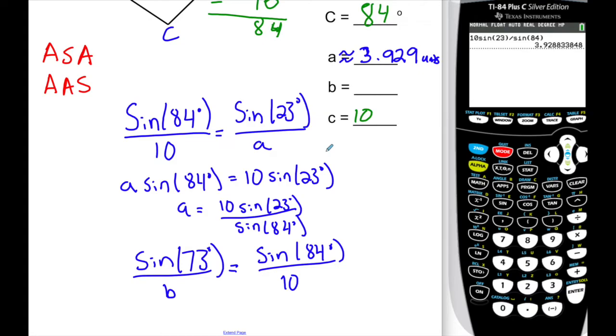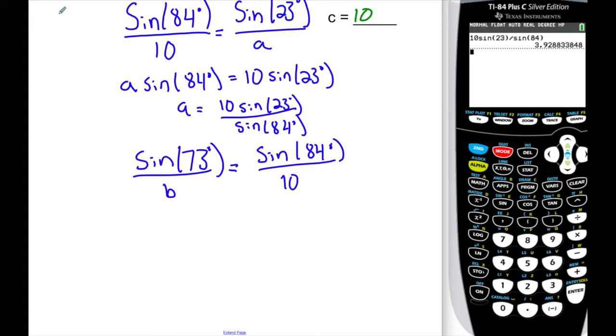The reason I'm not doing that is because, as you can see on the calculator, A is not really 3.929. It's actually 3.928833848 and then other stuff. That's just what our calculator is showing us. So I'm going to go with 84 and 10 because I know that big C is exactly 84 degrees and little c is exactly 10 units. So you go with what you know exactly. Don't use the things that have been rounded, please.